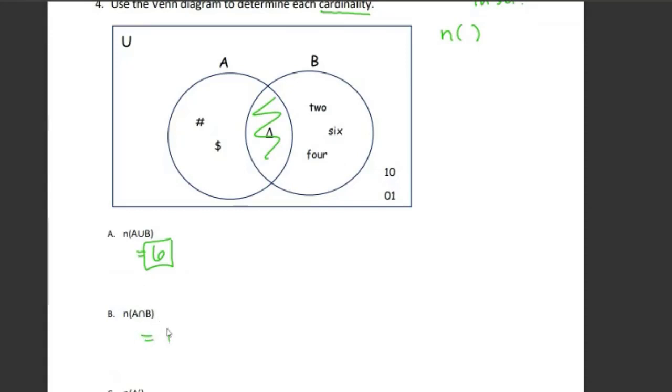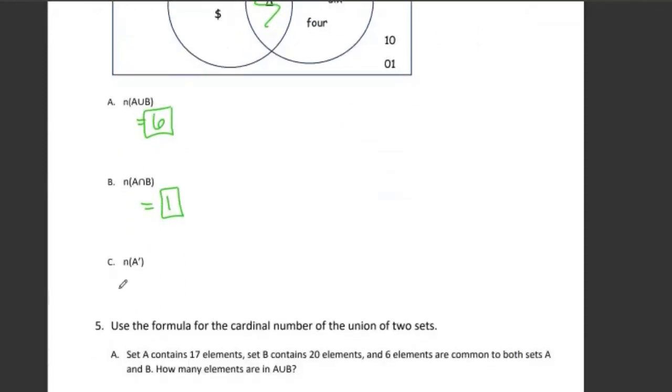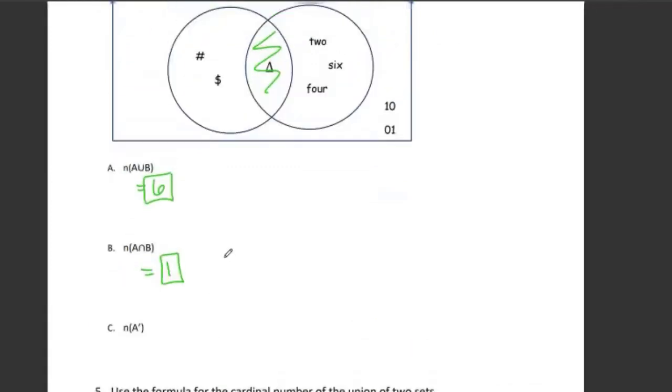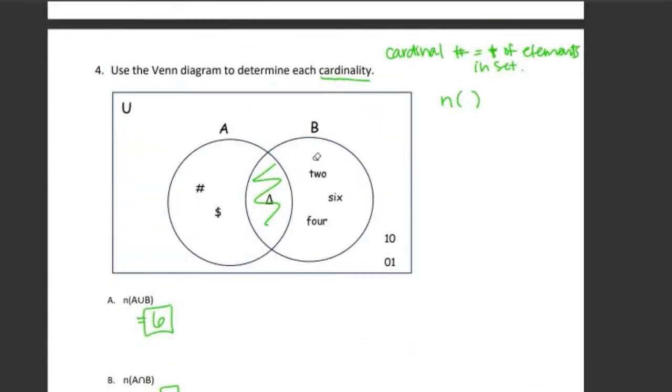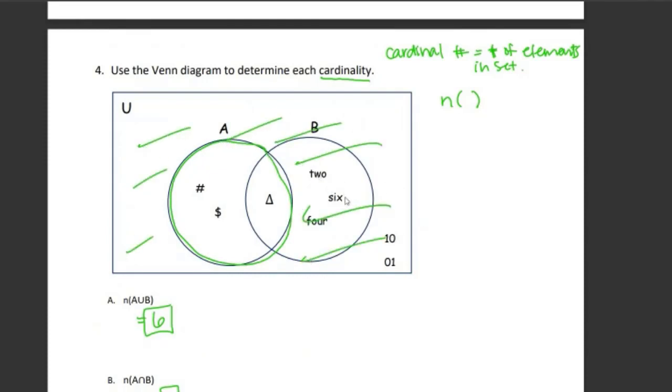There's just one element, the triangle. C is the complement of A. So A is everything inside of our circle. So we want everything outside, which would be 1, 2, 3, 4, 5 elements.